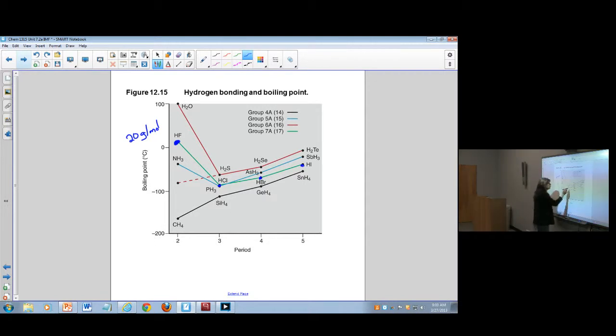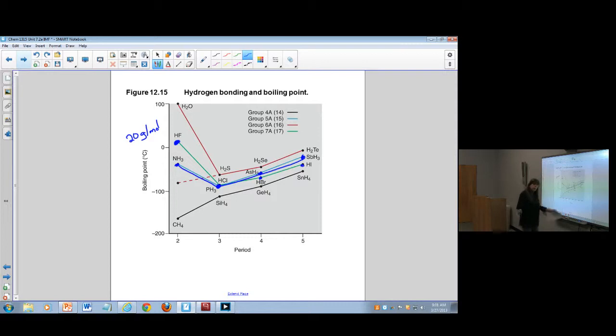Likewise, if we're looking at the group where nitrogen is, we have phosphorus increasing, arsenic and antimony, also increasing. But look how much higher ammonia is.